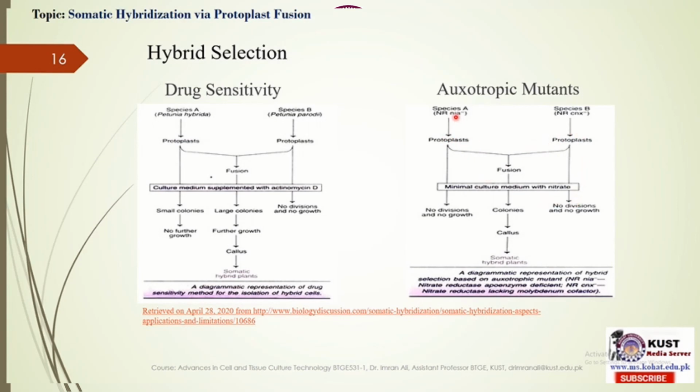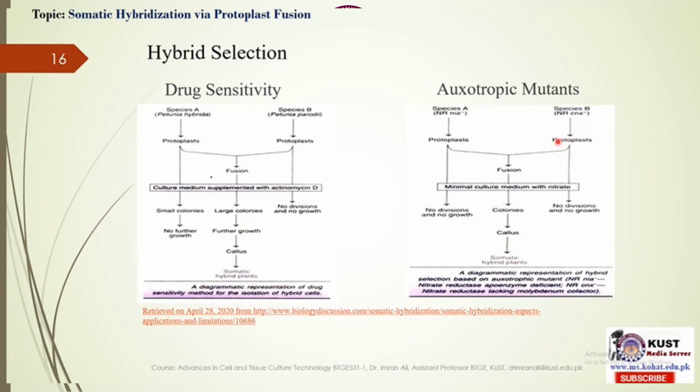Two species of nitrate reductase deficiency are taken in that method. Now these two species of nitrate reductase deficiency are, one due to lack of apoenzyme and the other due to lack of molybdenum cofactor, that is the CNX mutant.